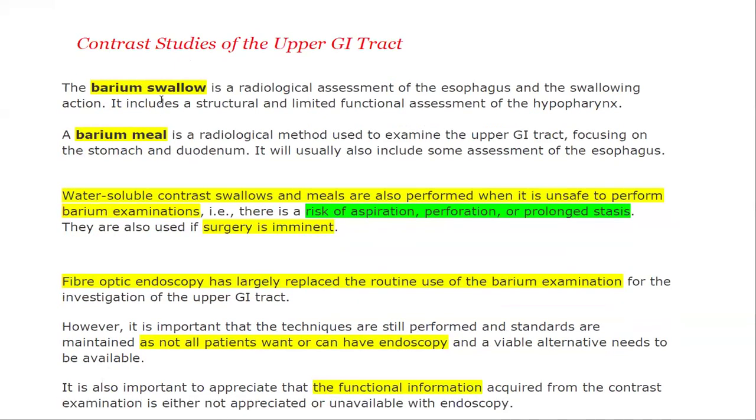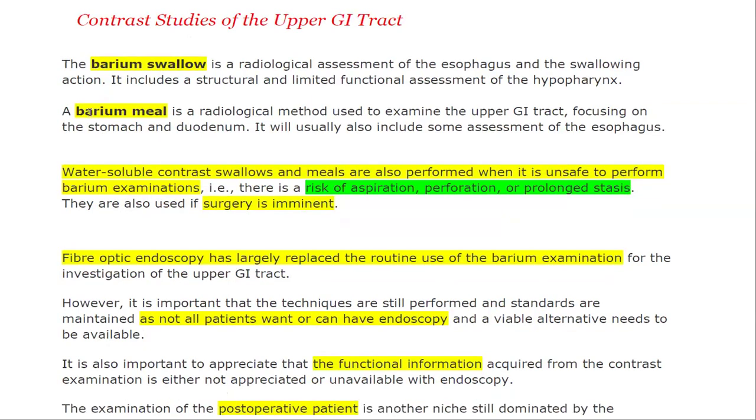Okay, so the barium swallow, as you know, is the investigation to examine the esophagus and the swallowing action. You will need this to check the function of the esophagus as well as the anatomy of the esophagus and to delineate it. But this is replaced by endoscopy, as I will tell you now.